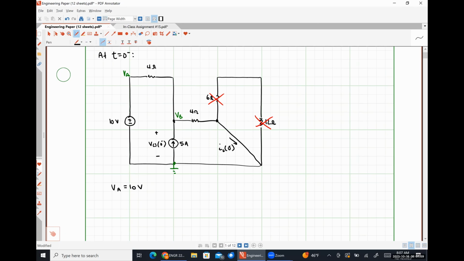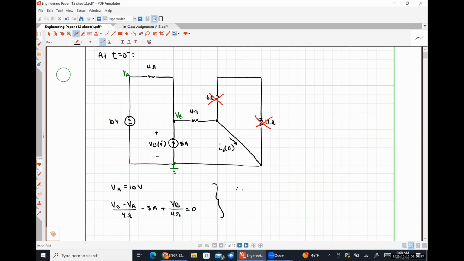Applying Kirchhoff's current law at node B, we are going to have (VB minus VA) over 4 ohms minus 5 amps plus VB divided by 4 ohms is equal to 0.